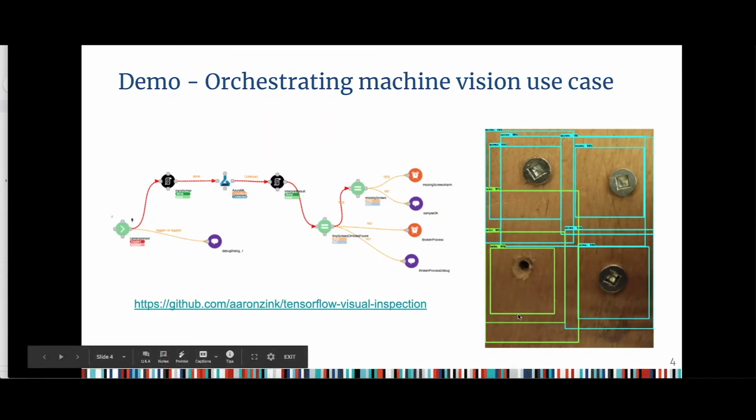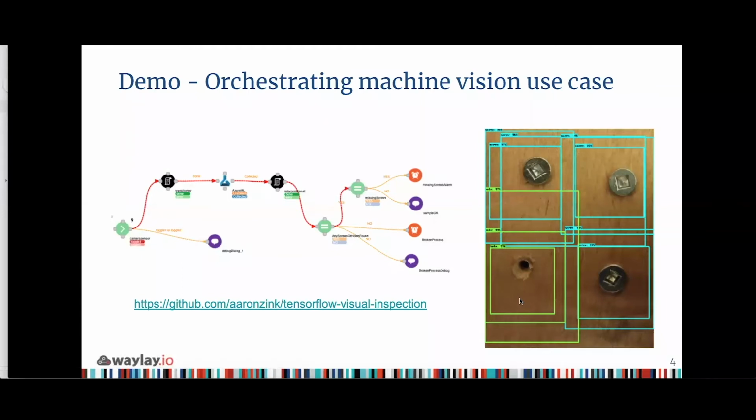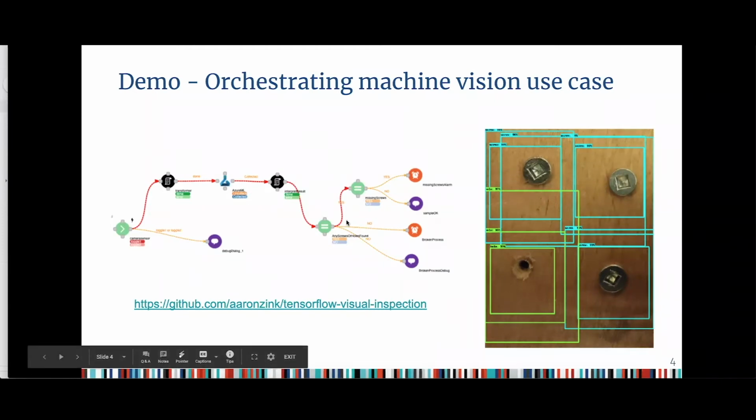If we send an image that has no screws and no holes, then clearly the entire pipeline may be in need of a review. That is what you see here in the rule as well. We output different alarms depending on the data coming out of the machine learning algorithm, depending on which case we're dealing with.